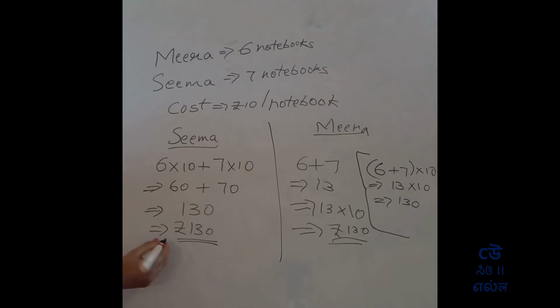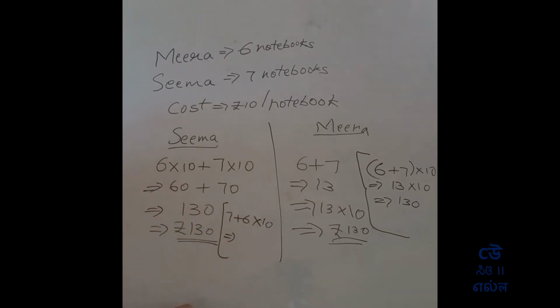Without brackets, if we solve, what will be the answer, children? If we calculate 7 plus 6 into 10 this way, we don't have any brackets in between, right?